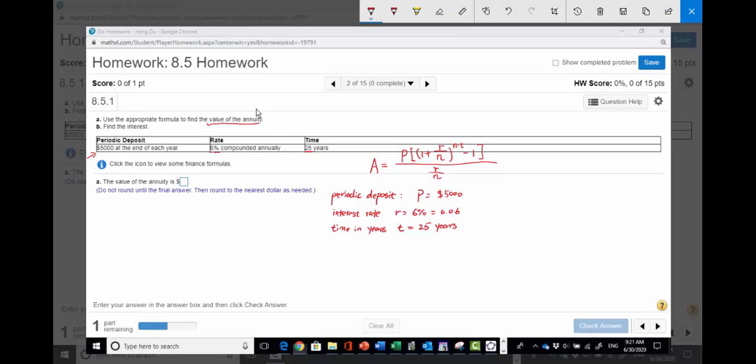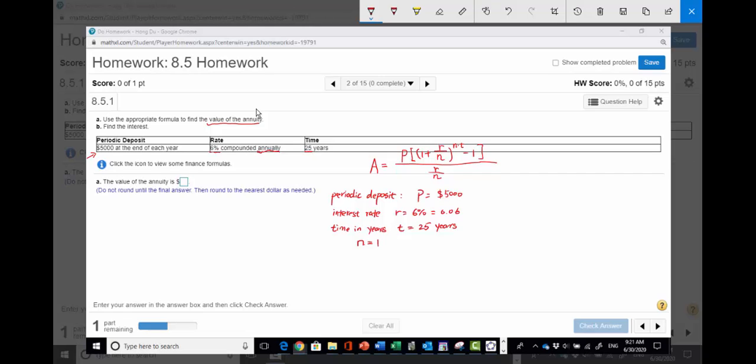Now, let's look at the N. N is going to be a whole number, and it depends on the compounding period. If it says the interest is compounded annually, then N equals 1. But what if it's compounded monthly? Then N will be equal to 12. If it's compounded quarterly, then N equals 4.